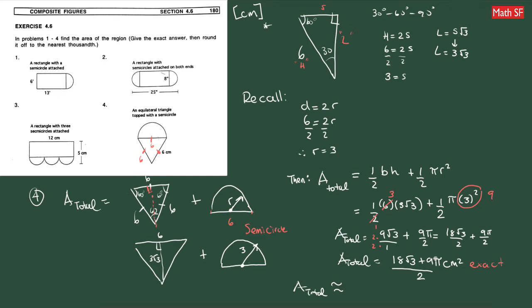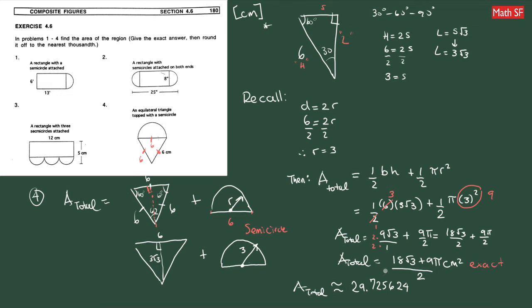And let's see what the calculator is going to give us. 9 pi over 2. And we're supposed to get about 29. So the calculator says this is 29.725624. I'm just writing everything that the calculator is giving me. But the instruction says round off to the nearest thousandth.